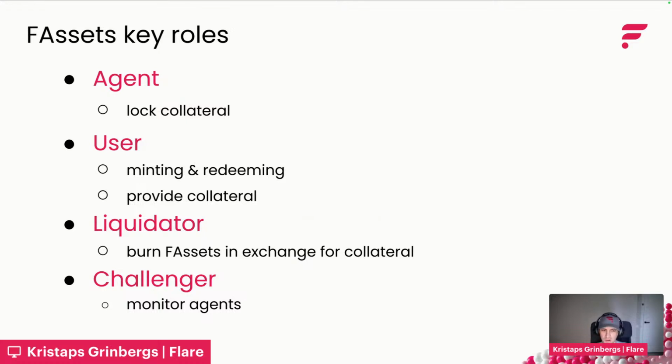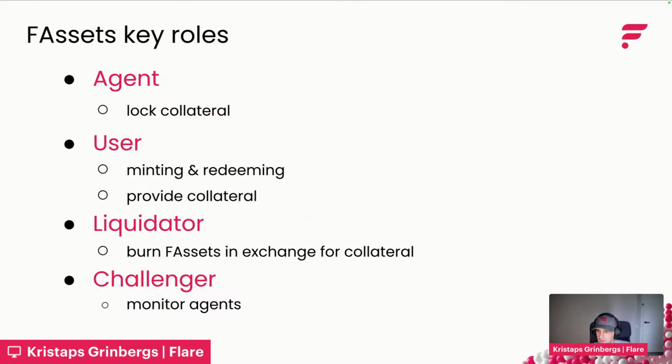You can check which agent is more appealing or which agent gives more fee, because that fee is known to you when you provide collateral assets to the agent. Or you see, okay, I like this one, so it's basically up to you. And that is very nice, also getting some income by providing FLR tokens, native tokens, to an agent.